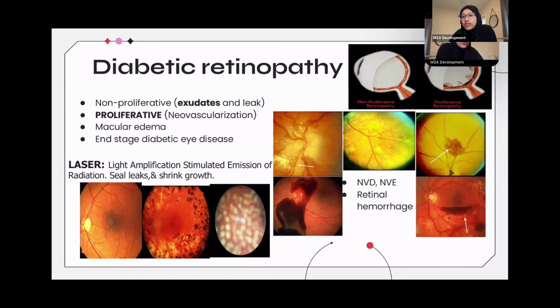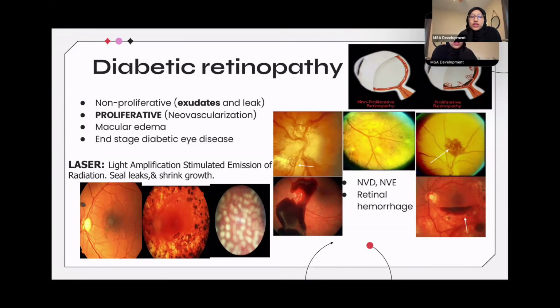If they are away from that disc, we call this neovascularization elsewhere, NVE. Okay, and then you have other things like hemorrhages everywhere. So it can cause retinal hemorrhage here, retinal hemorrhage here. Okay, or we can call it pre-retinal hemorrhage sometimes. Main thing is neovascularization is a sign of proliferative, and it can have hemorrhages as well, but that's not specific.